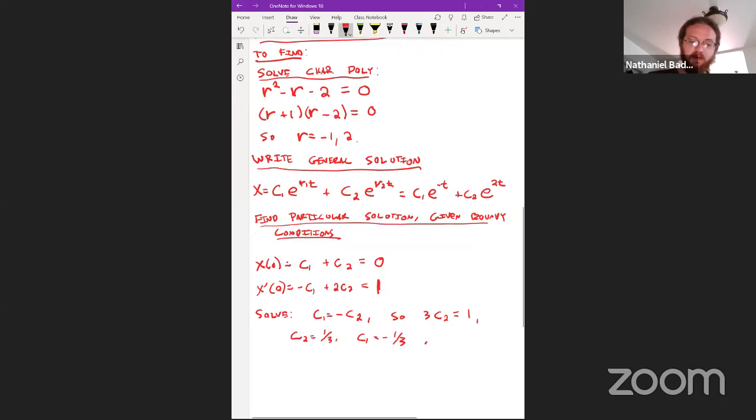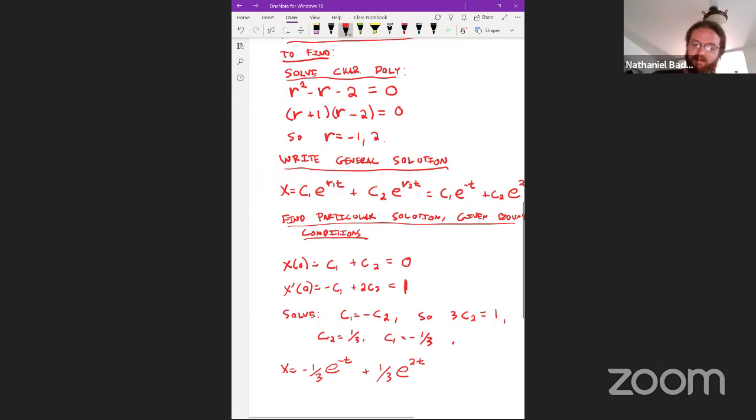Great. And the full particular solution is x is equal to minus 1/3 e to the minus t plus 1/3 e to the 2t.